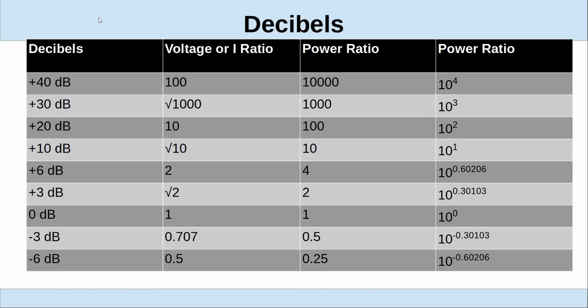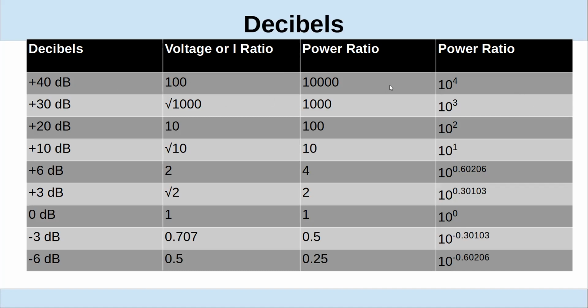Okay, I made this little chart showing a range where we go, let's see, a plus 40 dB, which says the ratio of power is 10,000. Or the same as 10 to the 4th.